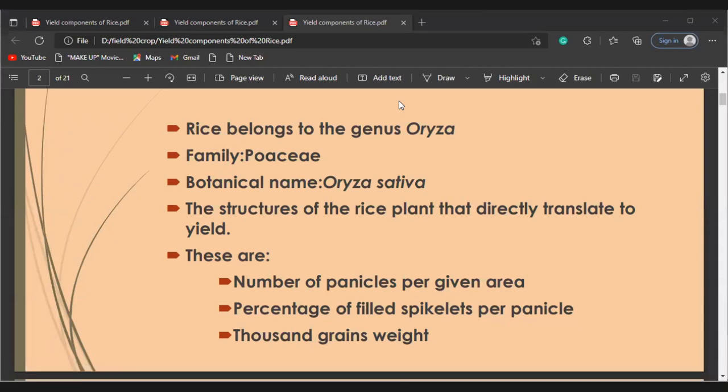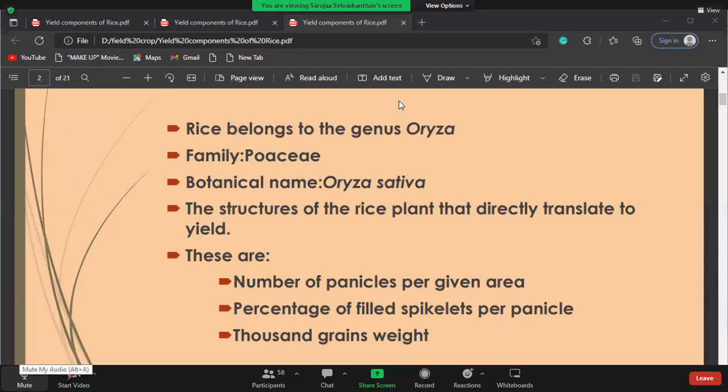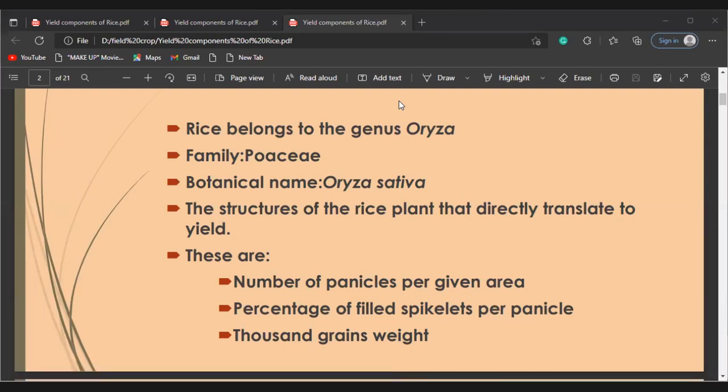Weight of the 1,000 paddy grain. Here you have to count 1,000 grains, and the weight of the 1,000 grains is called 1,000 grain weight.